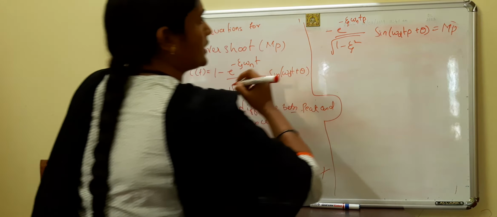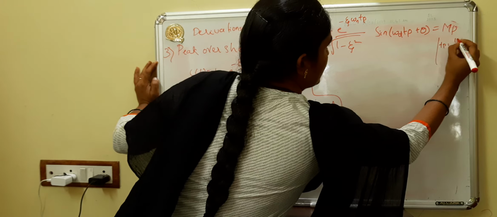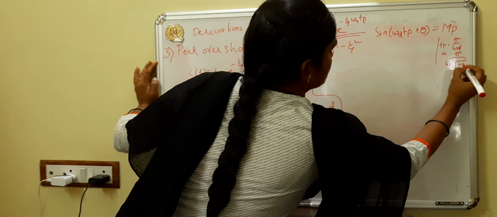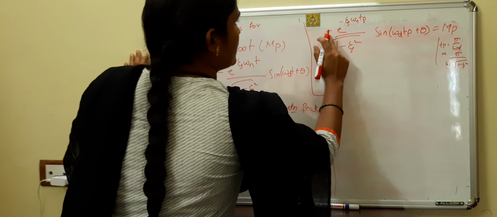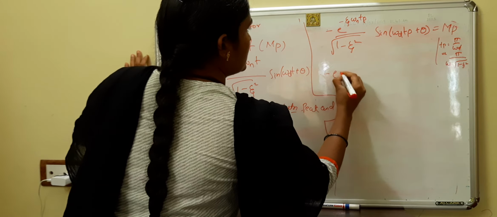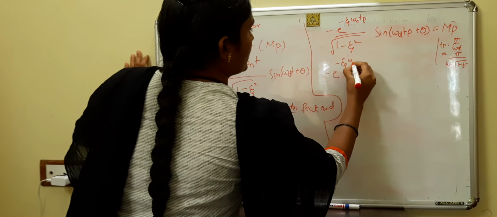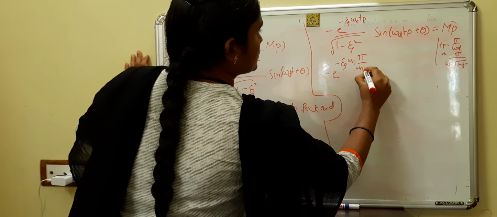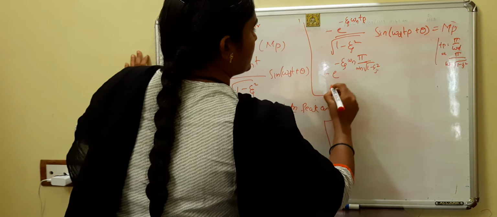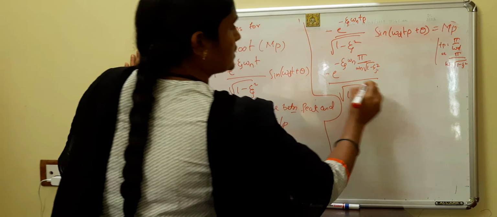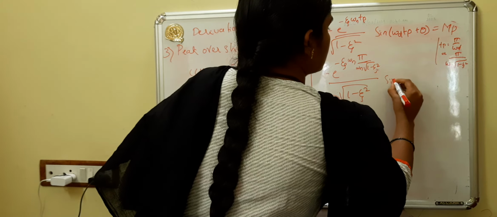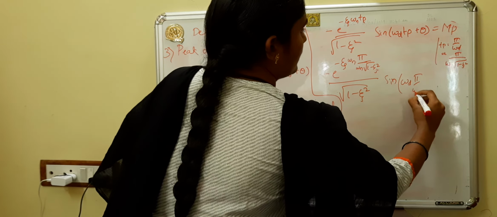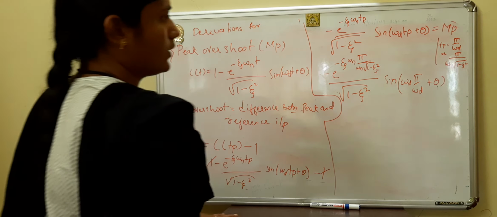So we have to replace that here. Simplifying, minus e raised to minus zeta omega n, with tp being pi divided by omega n square root of 1 minus zeta square, divided by square root of 1 minus zeta square, sin of omega d tp, which is pi by omega d, plus theta.